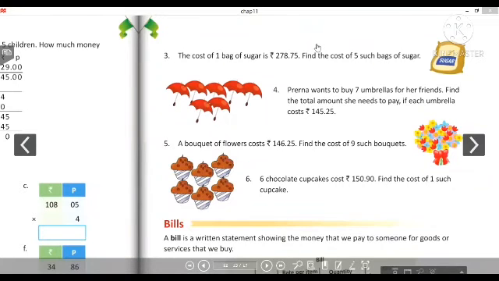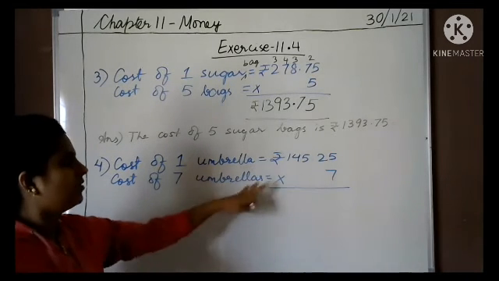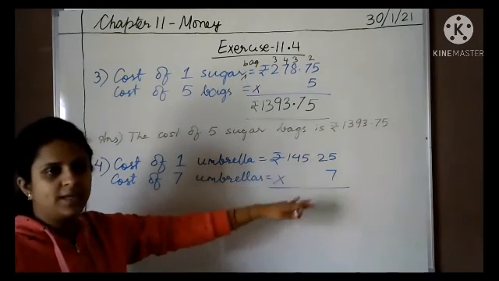Now question number 4 says that Prerna wants to buy 7 umbrellas for her friends. Find the total amount she needs to pay if each umbrella costs rupees 1145 and 25 paise. So cost of one umbrella is this one. So cost of 7 umbrellas, we have to multiply this figure by 7.